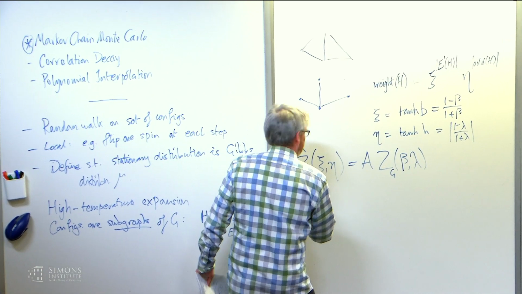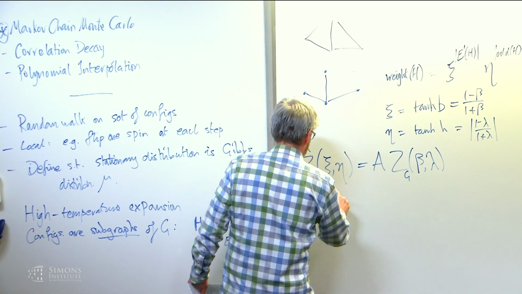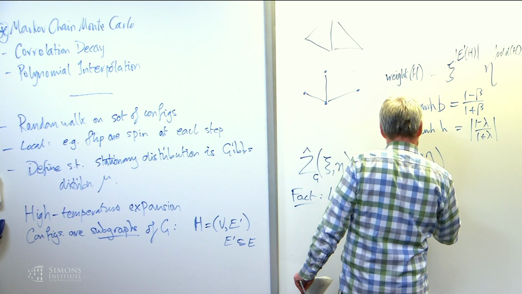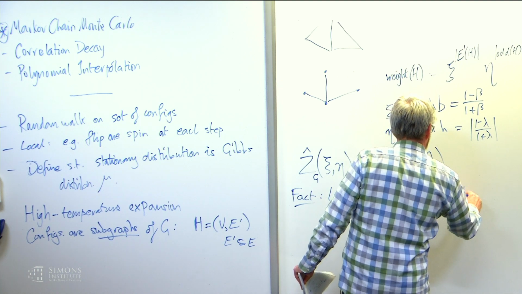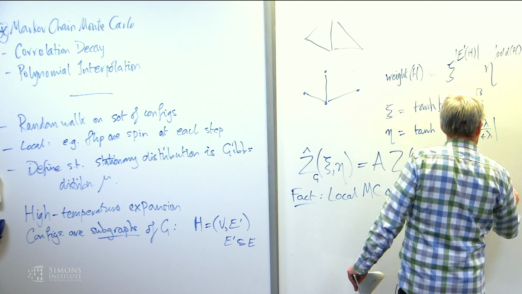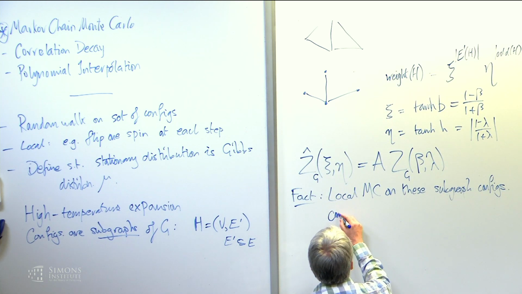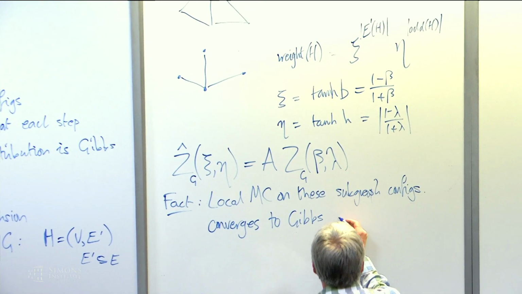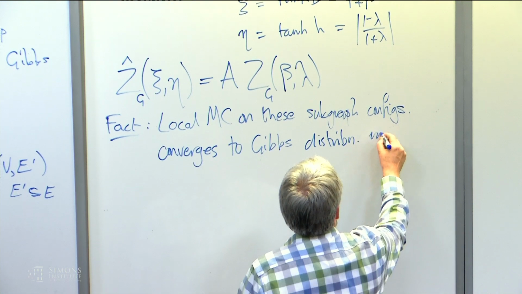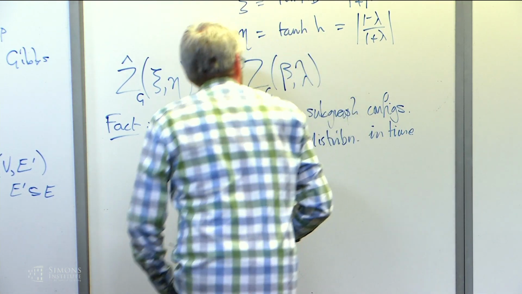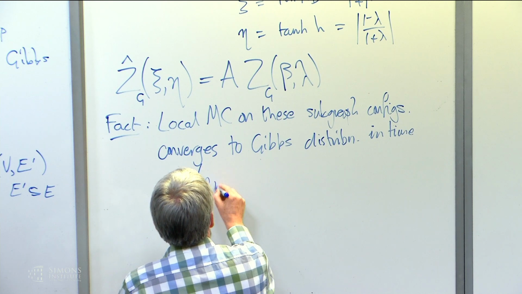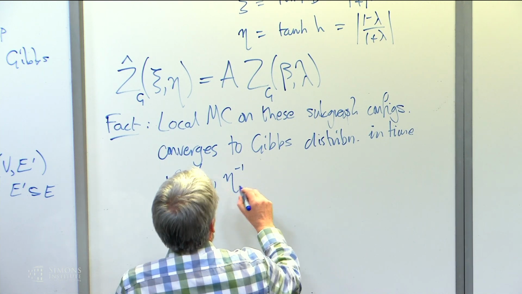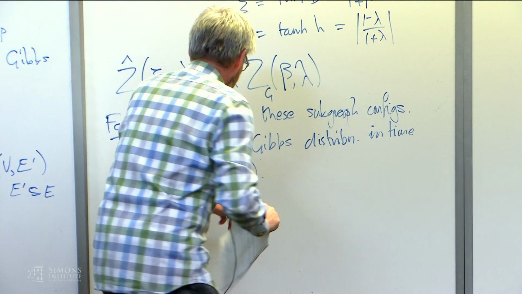So the fact is that the local Markov chain on these subgraph configurations converges to the Gibbs distribution from any starting state. In time, I mean, it gets very close, in time polynomial in the size of the graph, and in 1 over eta.